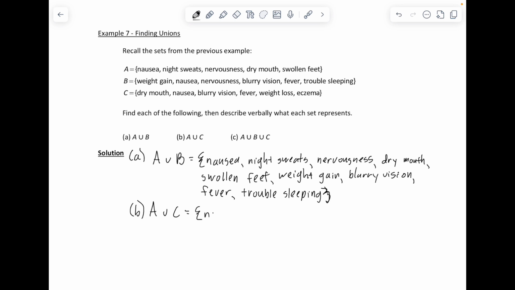So this would include nausea, night sweats, nervousness, dry mouth, swollen feet, right?